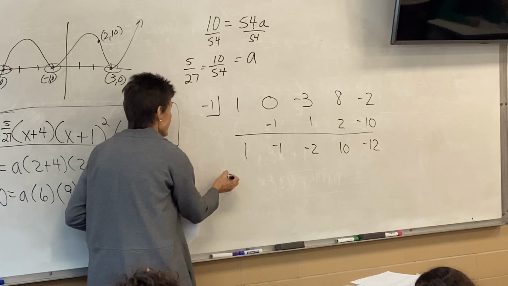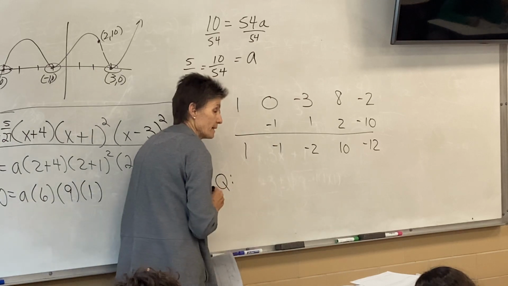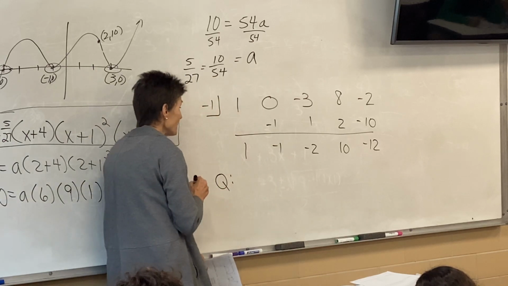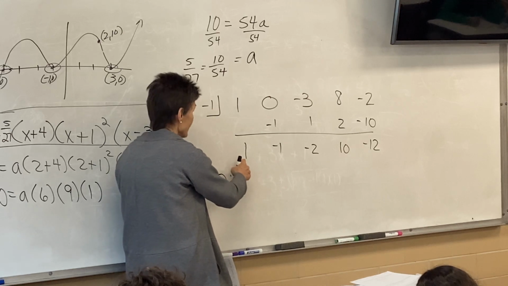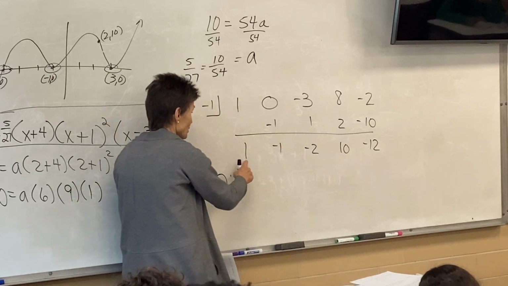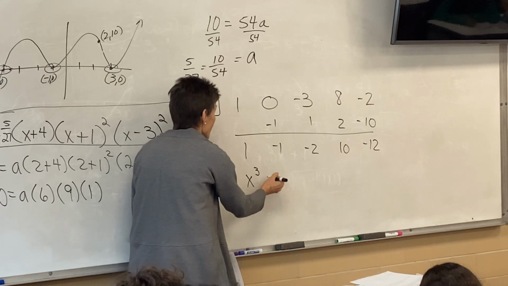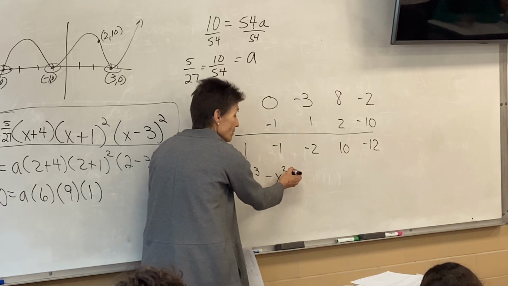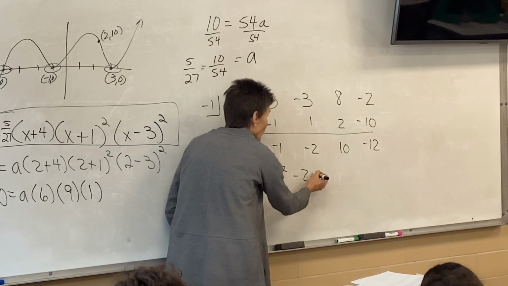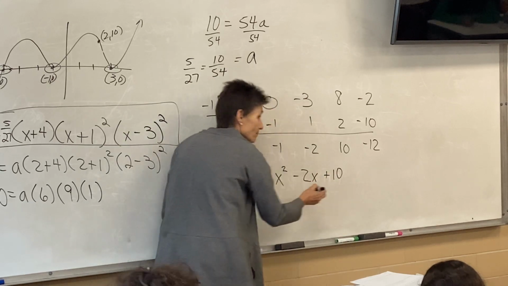Now I have to write something in the quotient blank. What's going in the quotient blank is x to the third minus x squared minus 2x plus 10.